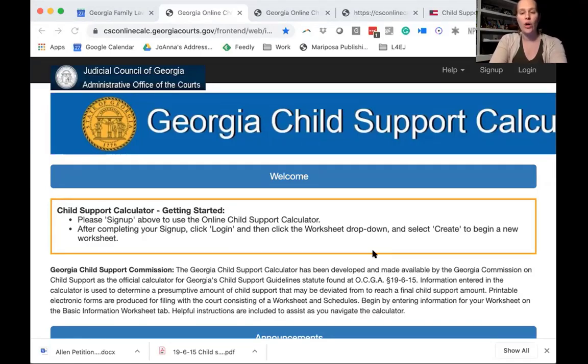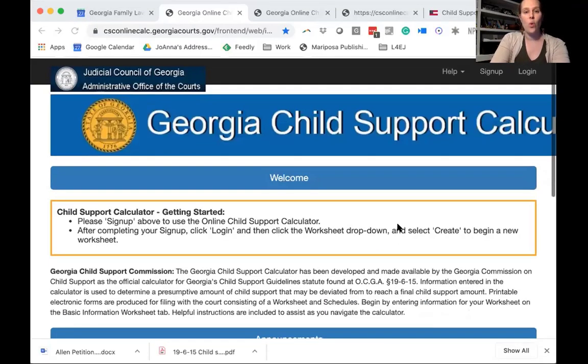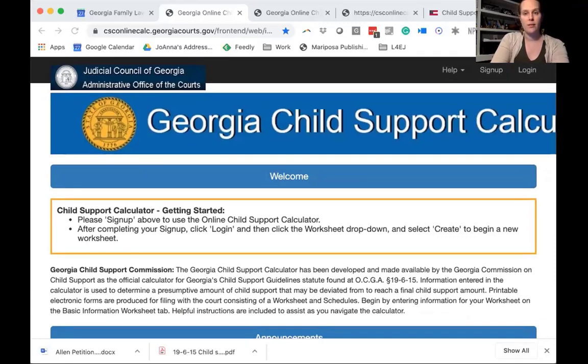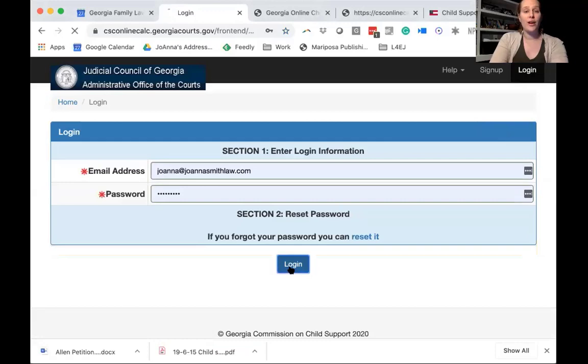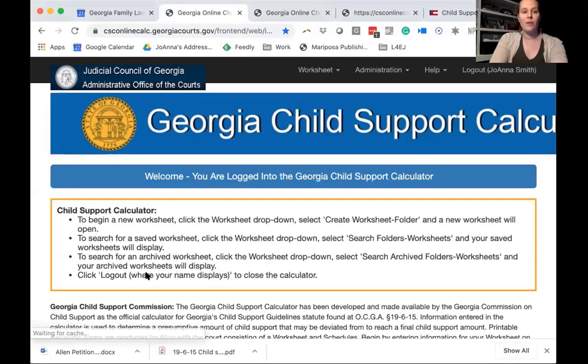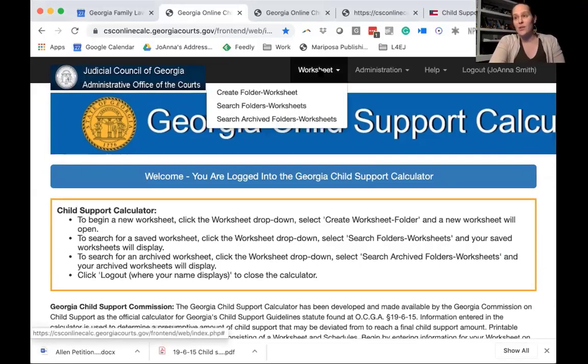The only worksheet that is correct is the one that you get from this website. That was a problem last year because the site got hacked and went down, and so nobody could do it. We all had to use the Excel worksheet for a while, but this is the only one that's actually proper, okay?